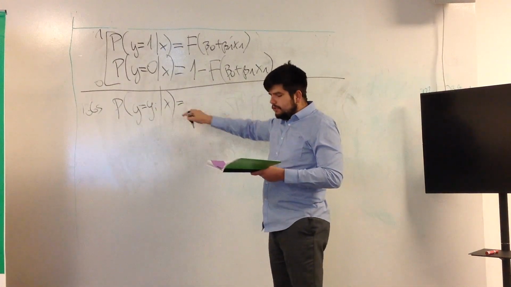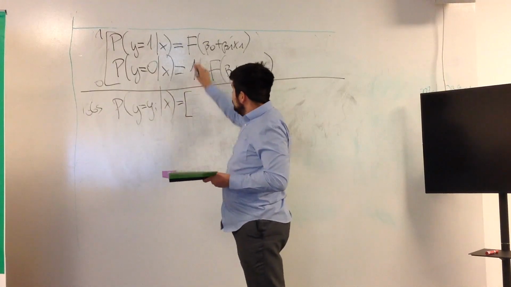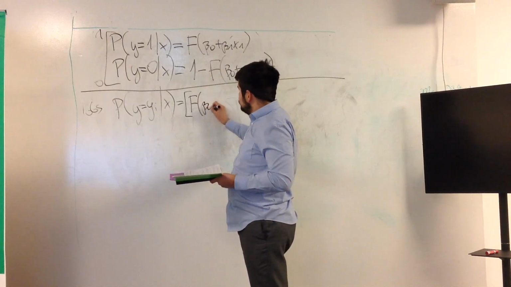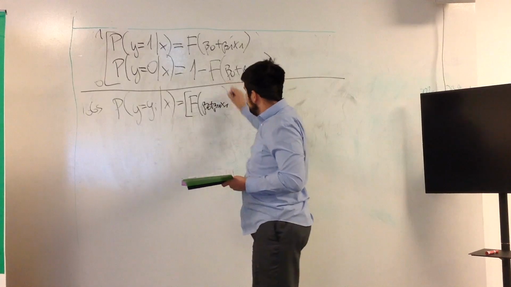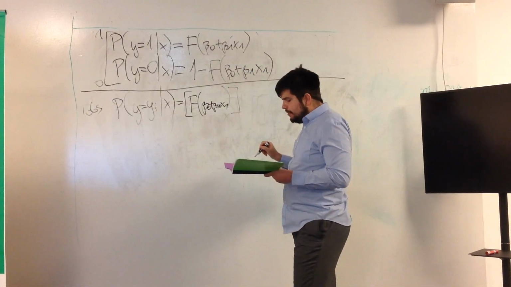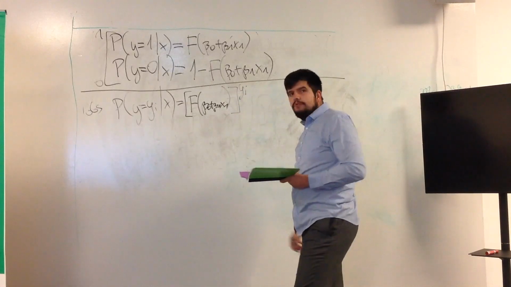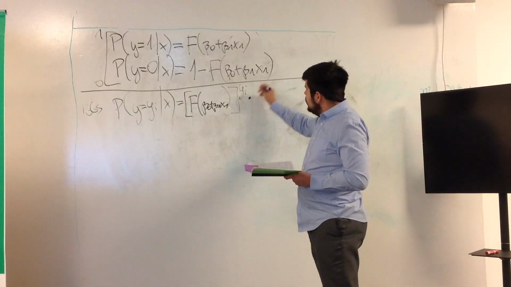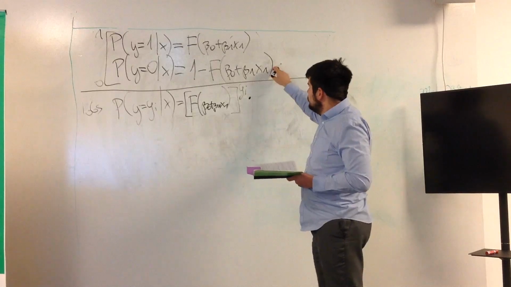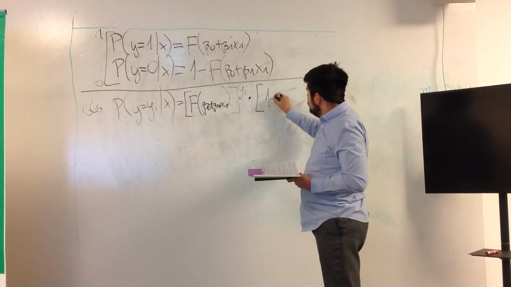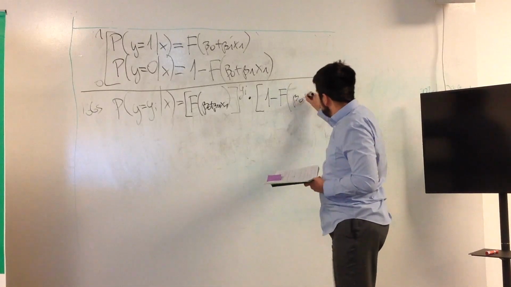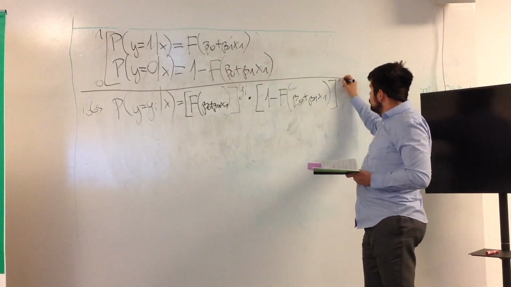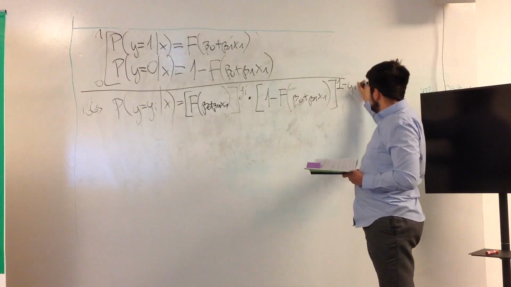And this will be equal to our first probability, which is a function of beta 0 plus beta 1 x1 to the power of yi, now times my second probability, which is 1 minus a function of beta 0 plus beta 1 x1, and here it's to the power of 1 minus yi.